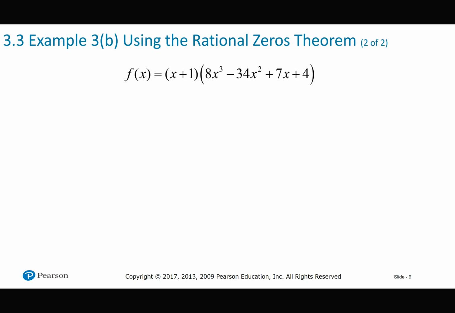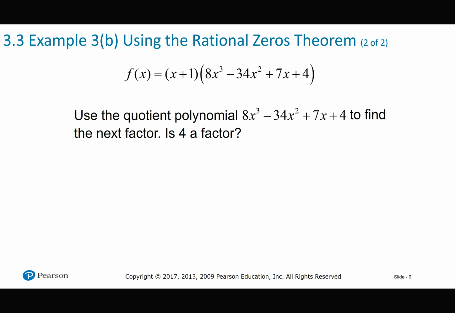Okay. So we've gotten to this point right here, which is what we just had on that last slide. Well, now we have to keep going and see, from our list of possible rational roots, this is where we're going to try again. And for the sake of time, let's try 4 to determine if 4 is a factor. If I were to put 4 back into the original, not this one, the original, it does equal 0, which is a good thing.